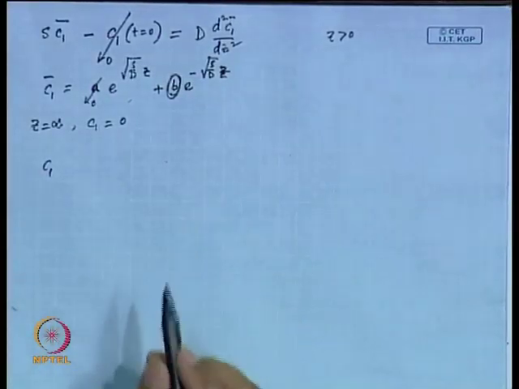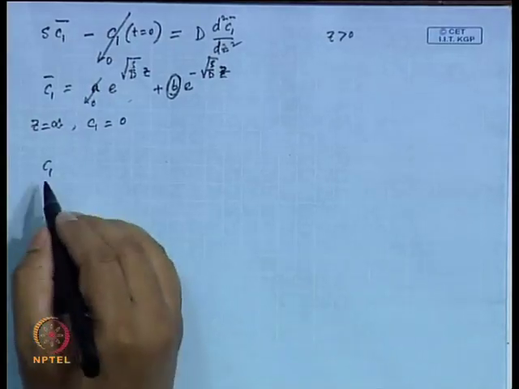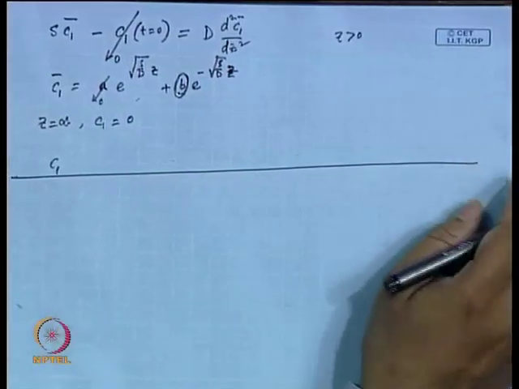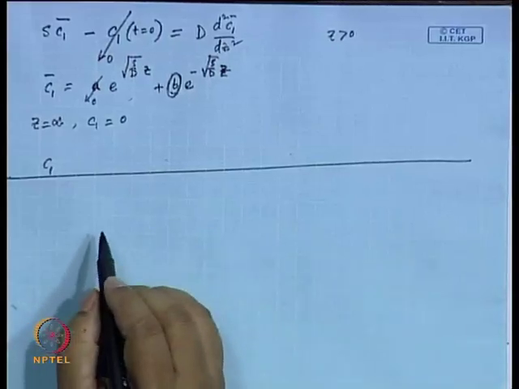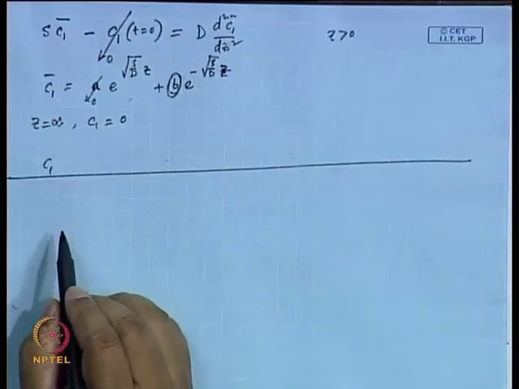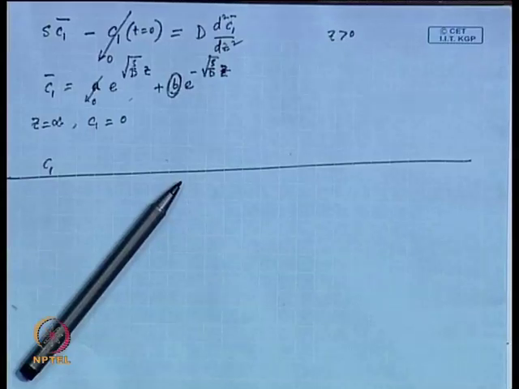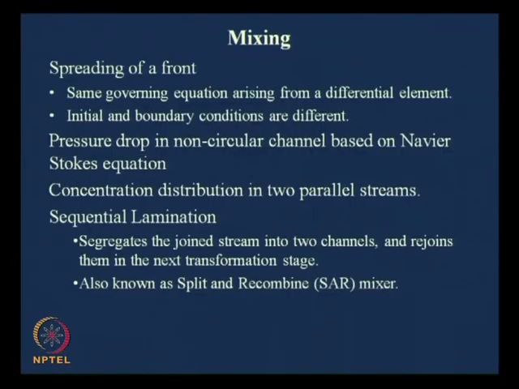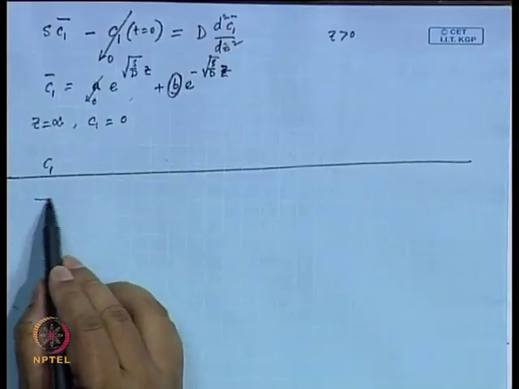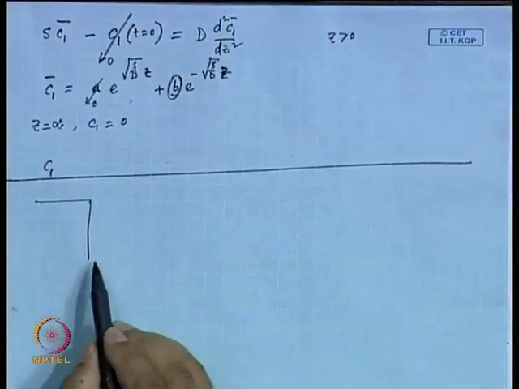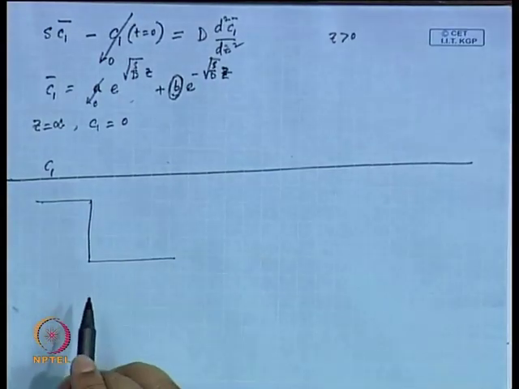Okay. Now, suppose we look into another type of situation where instead of a spot of tracer, we have spreading of a front. What that means is, suppose I have a front, that means I have a concentration here and I have a 0 concentration here.